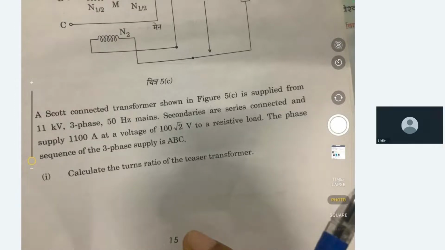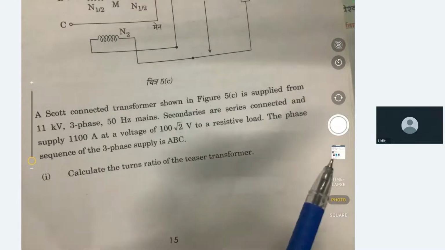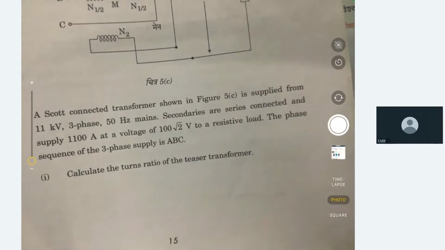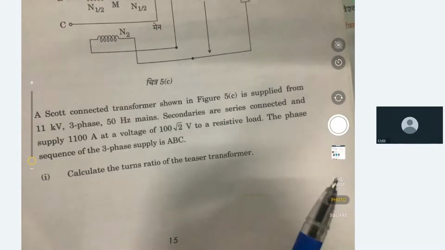Yes, you're right. I think it hasn't been asked earlier, so it was different from the earlier ones. We can solve it using the theory, but I think we'll have to revise that. Even I have not read that till now.